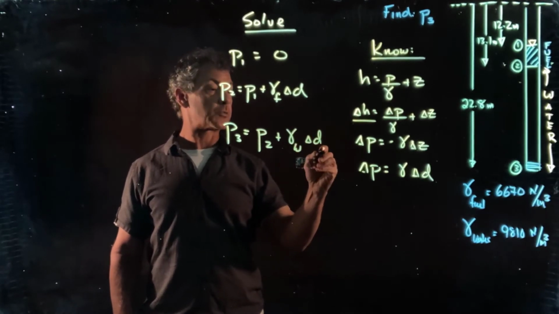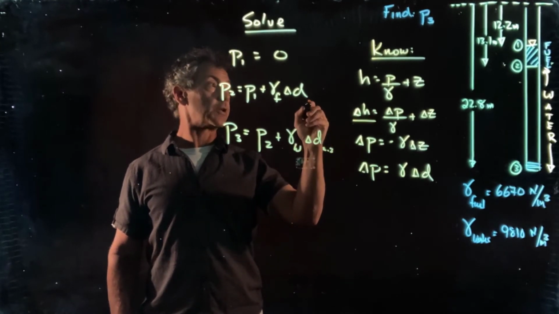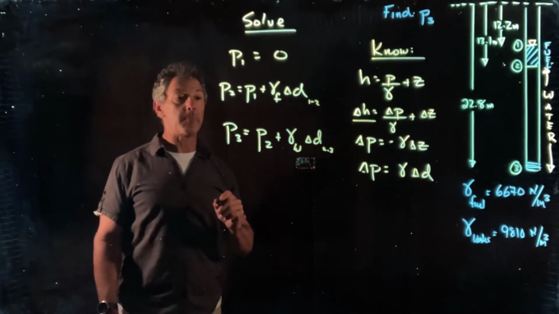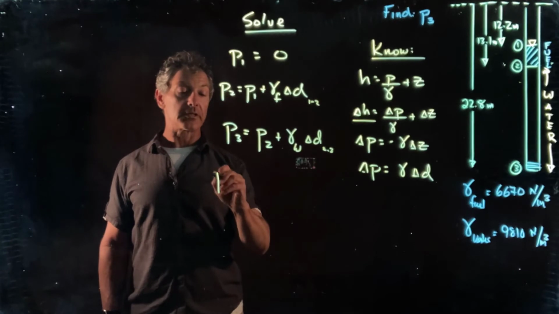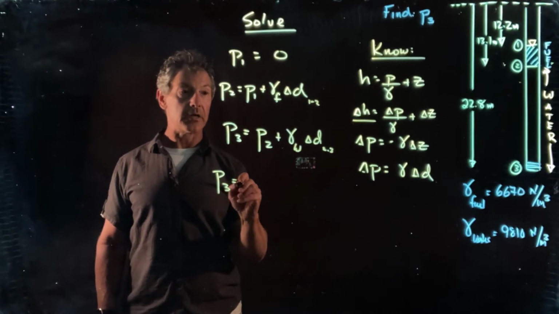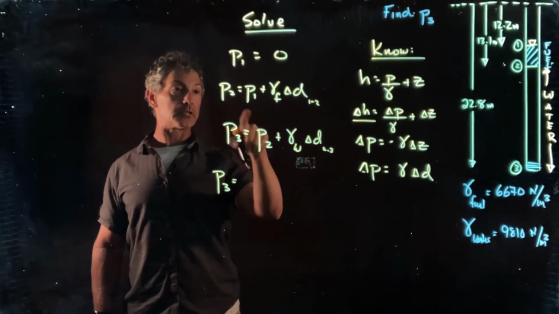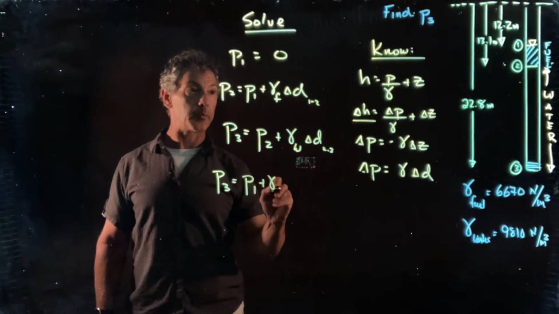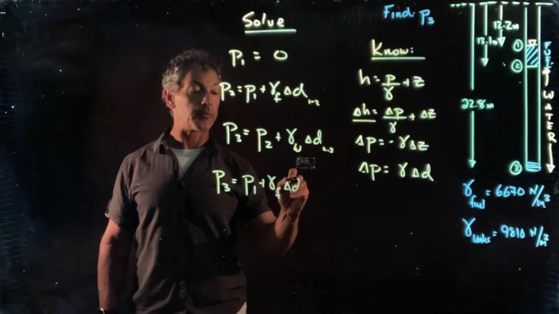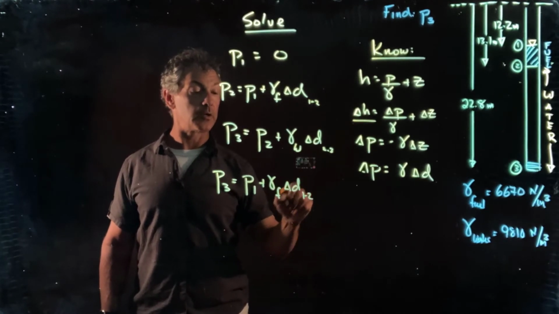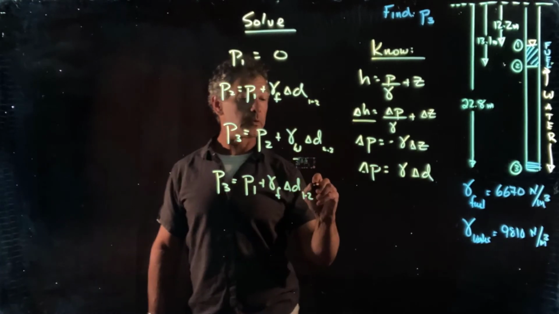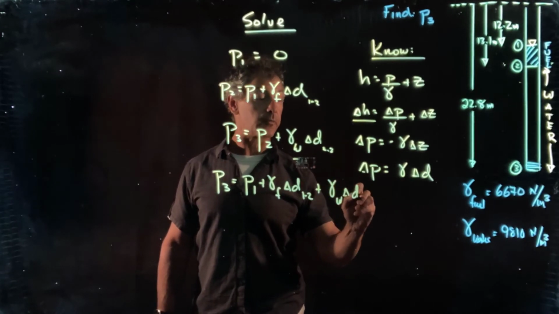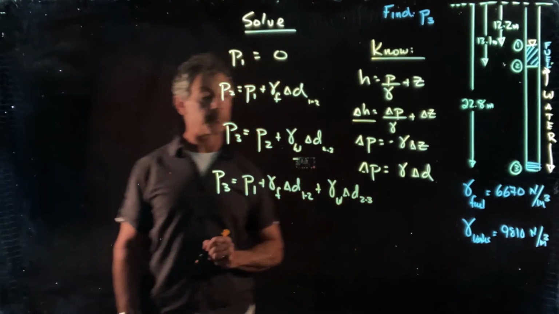And I can write from 2 to 3, and this one is from 1 to 2, right? So if I substitute, the pressure at 3 is equal to the pressure at 2, which is also this. So I can substitute in P1 plus gamma fuel times the change in depth from 1 to 2, plus the second term, gamma of the water times the change in depth from 2 to 3.